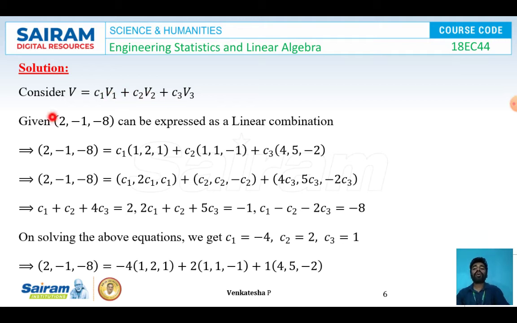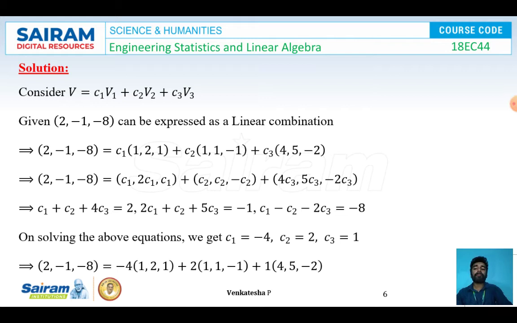Given (2, -1, -8), I am taking it as V, which can be expressed as a linear combination. So I'll be replacing the values of V, V1, V2, V3 in this equation. So I got the equation (2, -1, -8) is equal to C1 into (1, 2, 1) plus C2 into (1, 1, -1) plus C3 into (4, 5, -2).